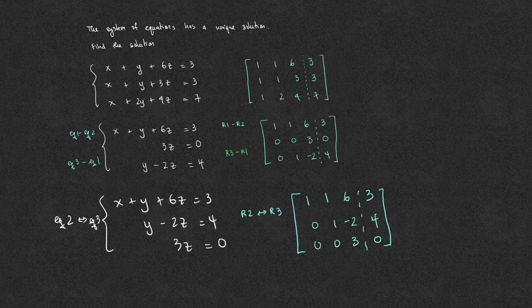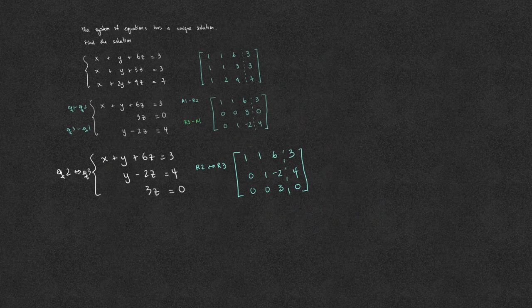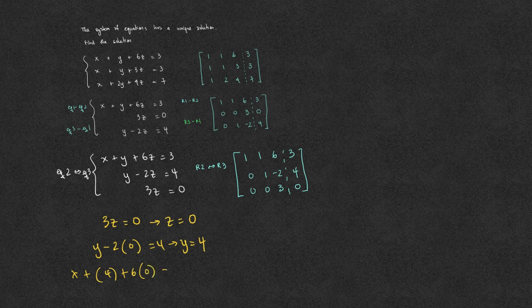On the left-hand side is the lower form, which states that 3z equals 0. If 3z equals 0, then z equals 0. And then we perform a back substitution. y minus 2z equals 4, so y equals 4. Another back substitution, x plus y plus 6z equals 3, so x equals 3 minus 4, which is negative 1.